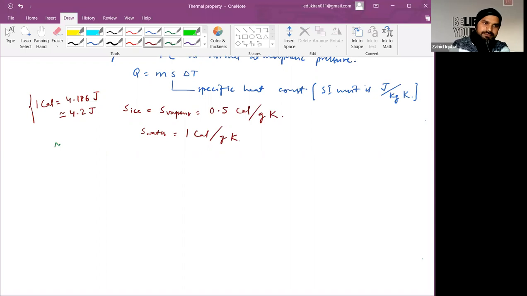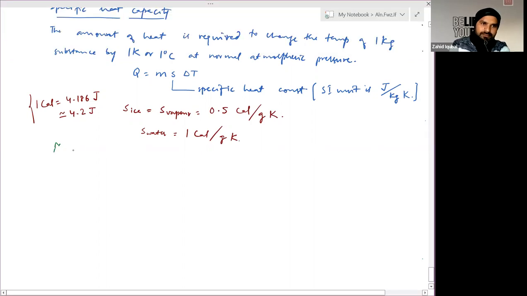Next is molar specific heat constant or capacity. If the amount of substance is taken in terms of moles, as in the case of gas, it will be defined only in terms of thermodynamics. So in this part, I'm just defining the statement and nothing more.